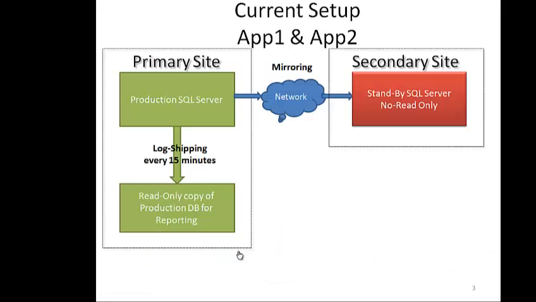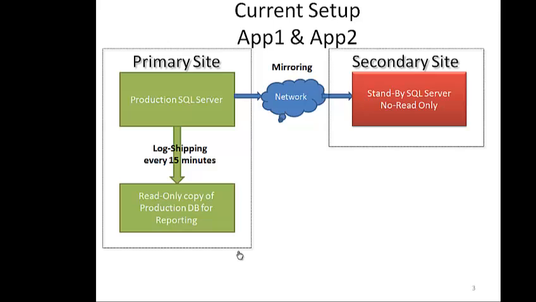So here is the current setup of how high availability and disaster recovery is set up in the company. There are two apps, and I call them app 1 and app 2. We have a primary site, and then we have a standby server on the primary site, which is updated by log shipping every 15 minutes, and then we have a secondary site which is mirrored.